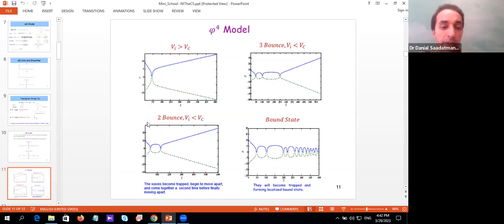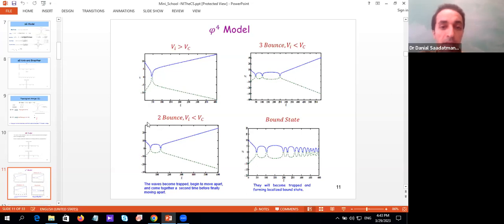But if the initial velocity is below the critical value, we have quite chaotic behavior, in which the kink and anti-kink can either form a bound state, or they can interact with each other 2 or 3 or even more times, and then they escape to infinity.